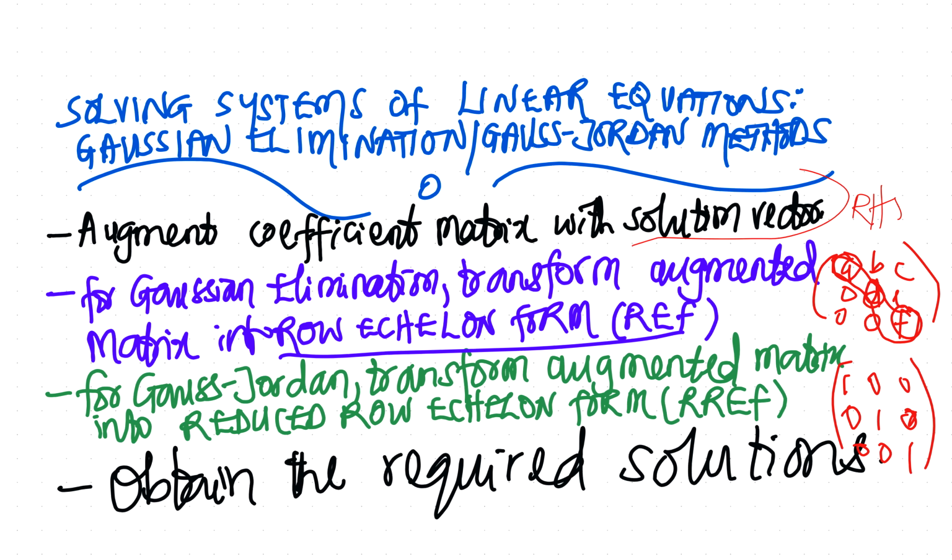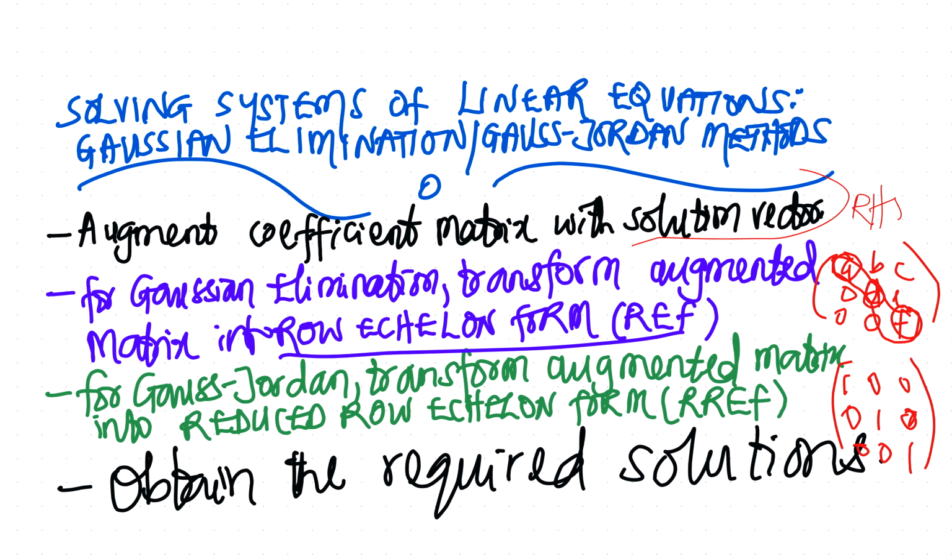But in the case of reduced row echelon form, you are literally turning the matrix into a unit matrix. The RREF takes more steps, but you can easily read off your solutions without doing anything extra. For Gaussian elimination, which leads you to row echelon form, after getting there, you still have to do a little bit of solving to get the solution.